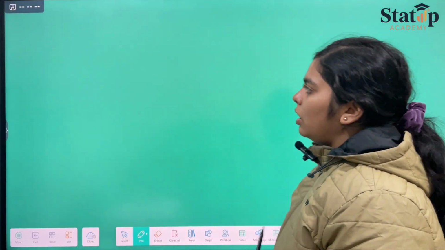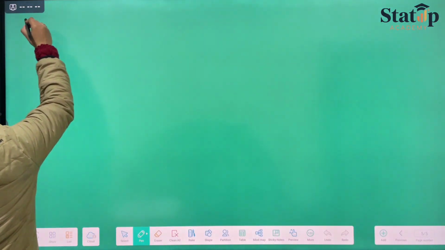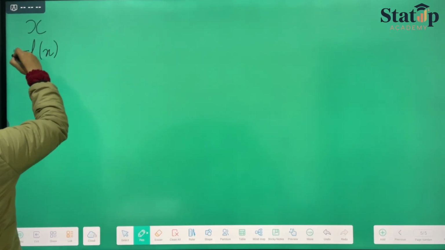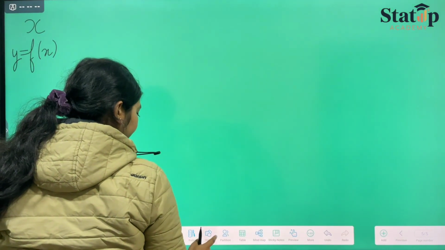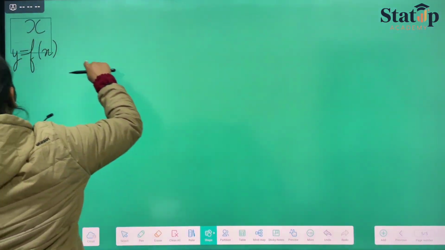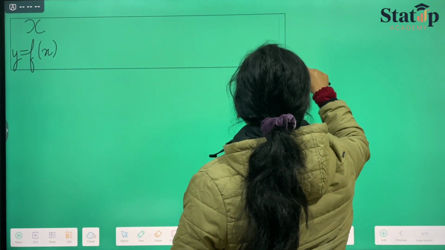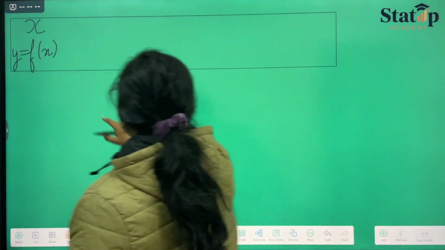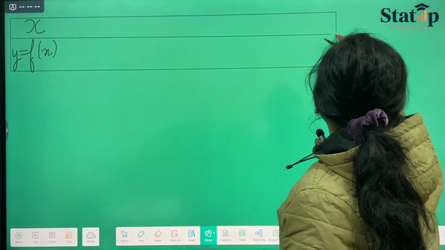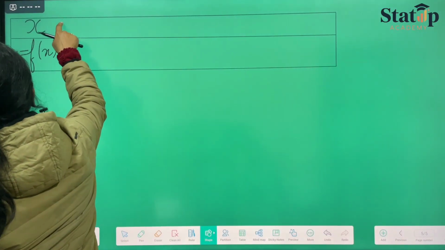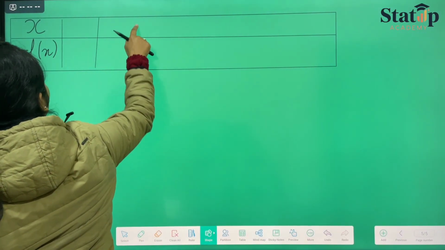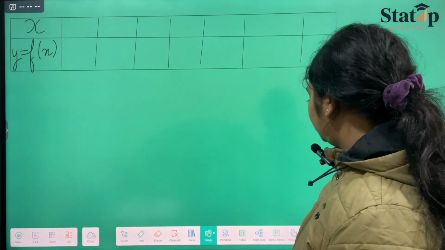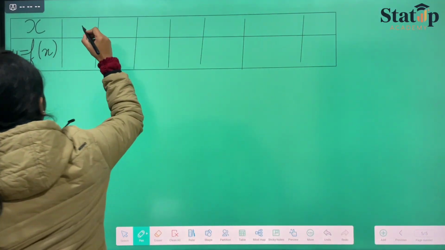Now, if we have values of x and values of f(x), suppose we consider the values of f(x) as y. So let us take values of x.